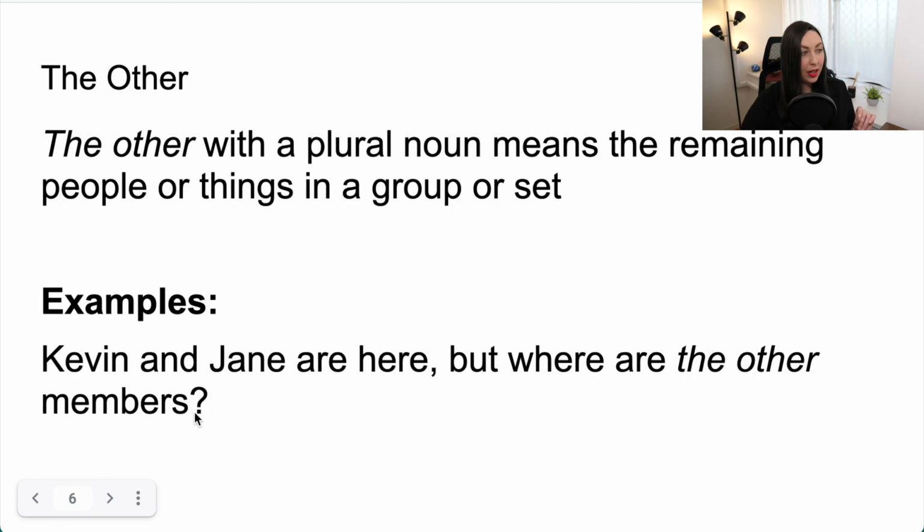Okay? So members is a plural noun. So the other members means whoever else is remaining, whoever else is left. So we have some part of the group, but the rest of the group is not here in this sentence. Okay?